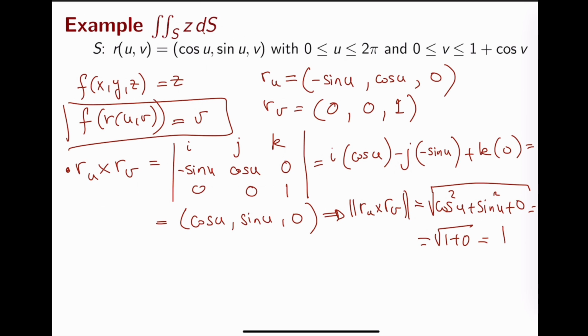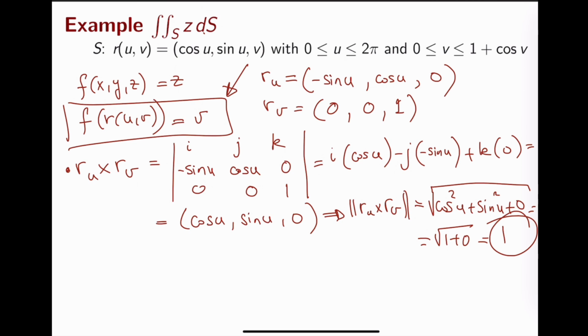So we got the two factors that we need to multiply to calculate this integral, right? We have the function evaluated at the parametrization, and we have the magnitude of the normal vector.